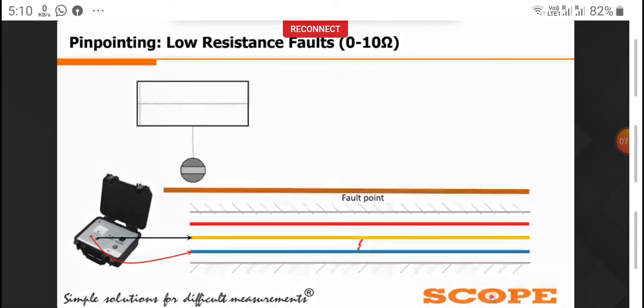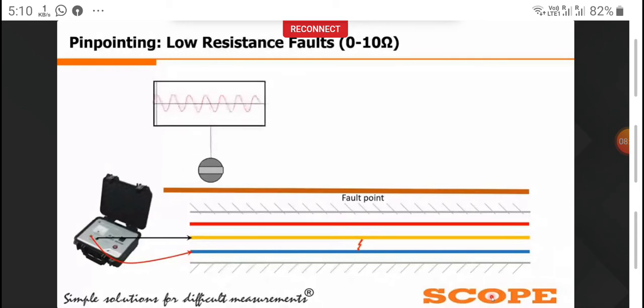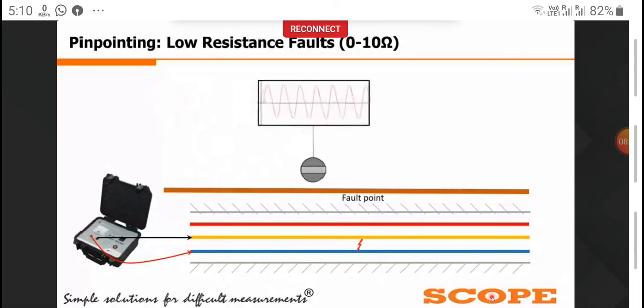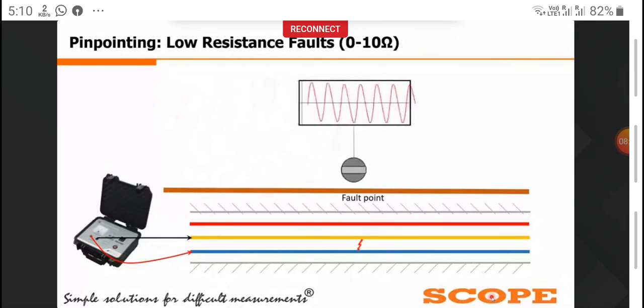Using the search coil, we need to detect the received signals from the audio generator. Whenever we are moving towards the fault point, we will get alternating signals, meaning the waveforms are displayed. Whenever we reach the fault point, we will get the maximum amplitude of the received signal.